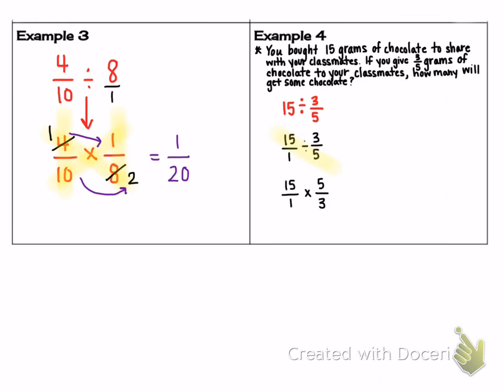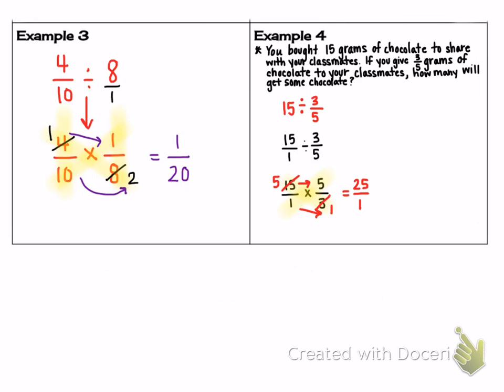You have to wait until you change it to multiplication. Now let's see if we can simplify. I have 1 and 5, nothing there. 3 and 15, I can simplify. 3 goes into 3 once. 3 goes into 15 5 times. I check my verticals, 5 and 1 and 5 and 1. Can't do anything there. So I'm going to do 5 times 5, which is 25, and 1 times 1, which is 1.